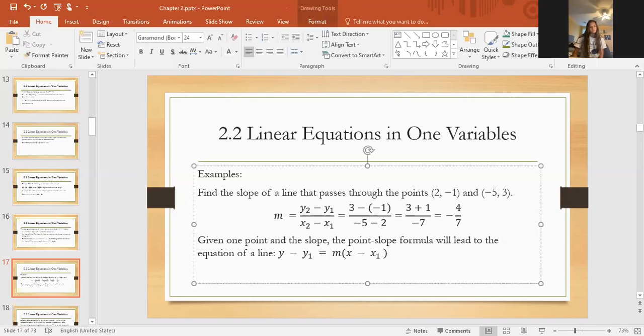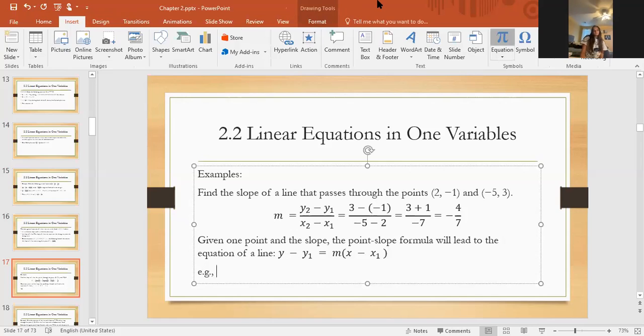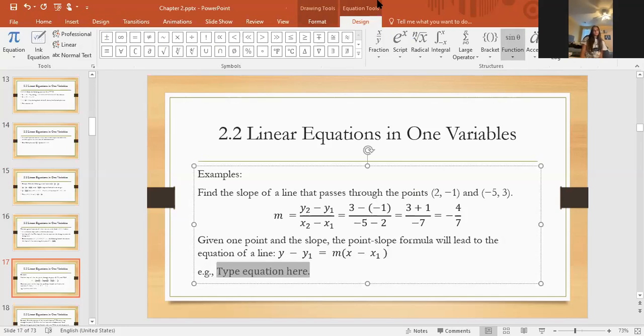let me type it here, example. This will become, if we take the first point, (2, negative 1), the y value is negative 1.